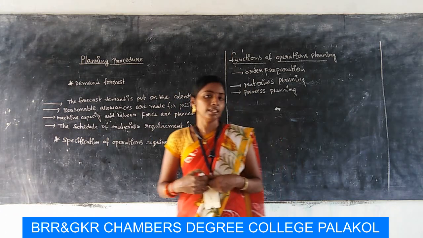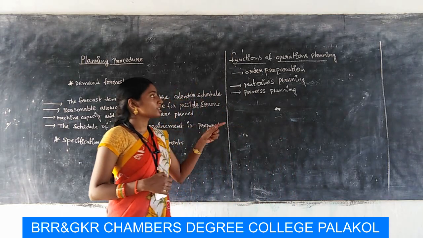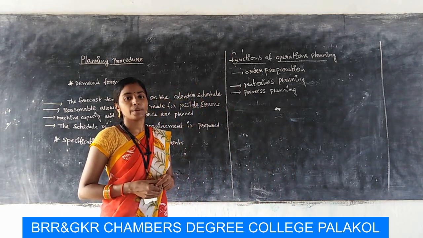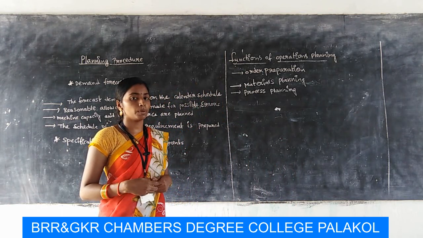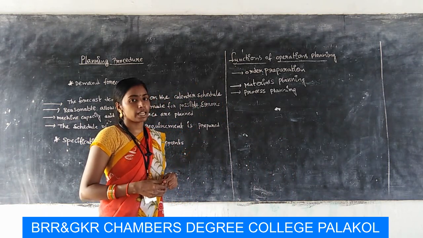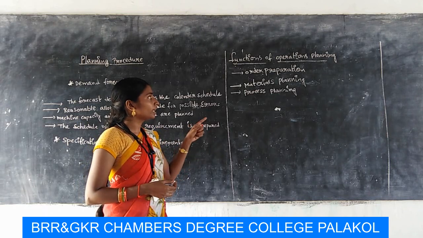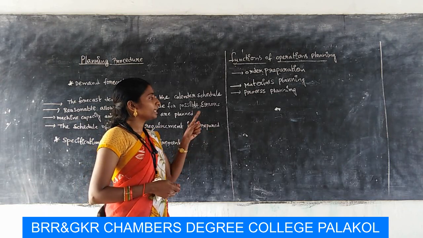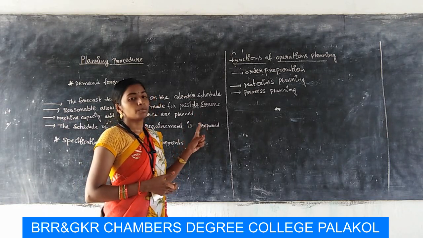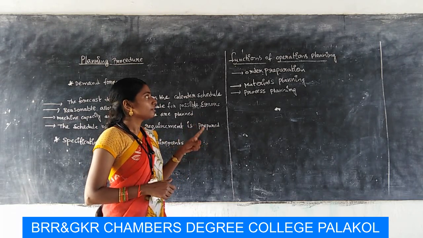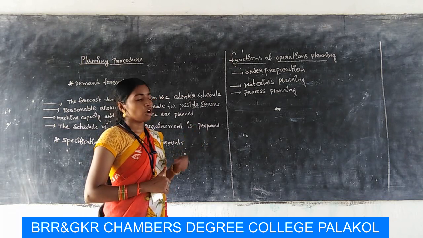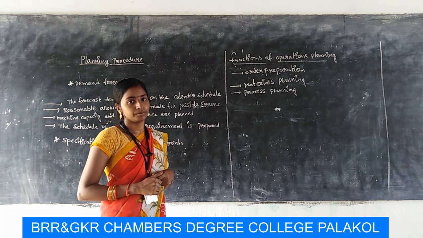And next one is functions of operations planning. The functions that are performed by operations planning are described here as order preparation, materials planning and process planning. These are the important functions of operations planning.